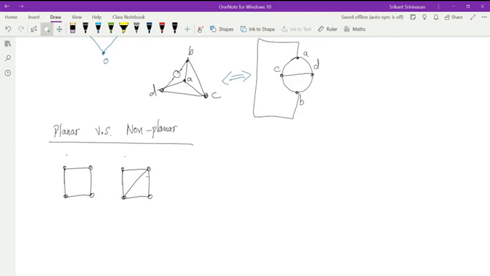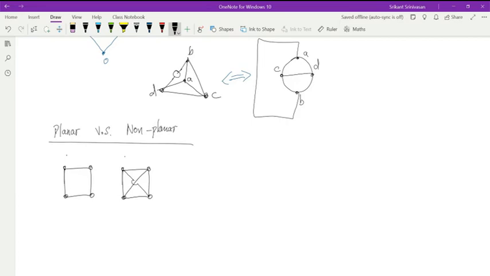But now what about if I add one more branch? Is this a planar network or not? Oh, sir, it is not planar. Why not? Because it is crisscrossing now. Correct.